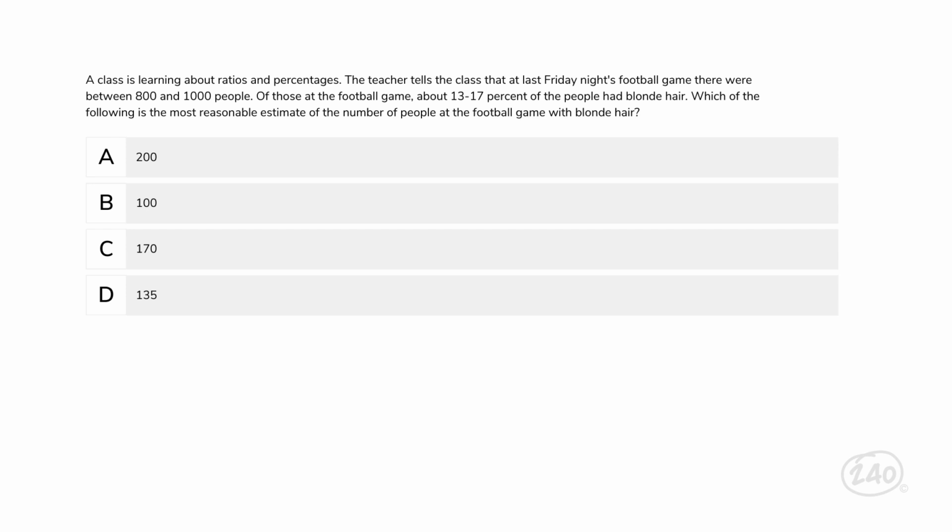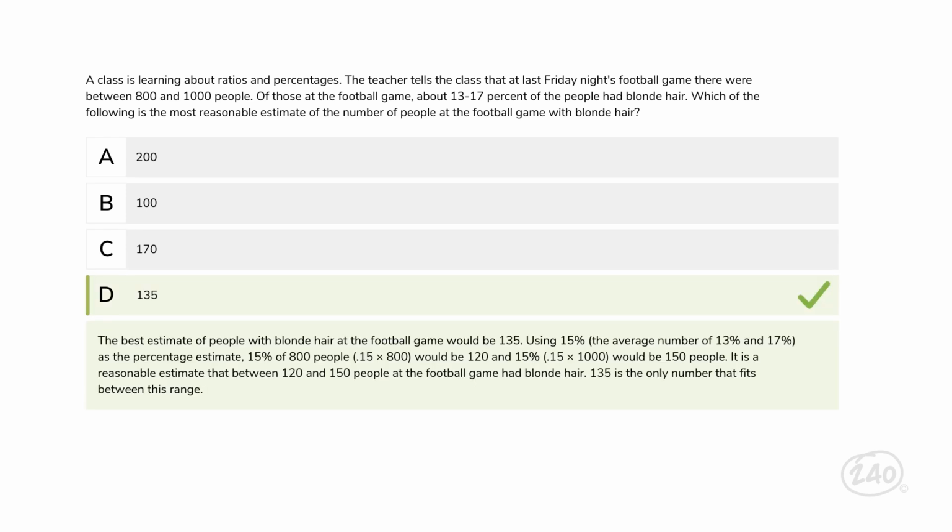We start by using 15%, the average of 13% and 17%, as the percentage estimate. So 15% of 800 people would be 120, and 15% of 1,000 people would be 150 people. It's reasonable to estimate that between 120 and 150 people at the football game had blonde hair. 135 is the only number that fits within this range, so this is the best choice.